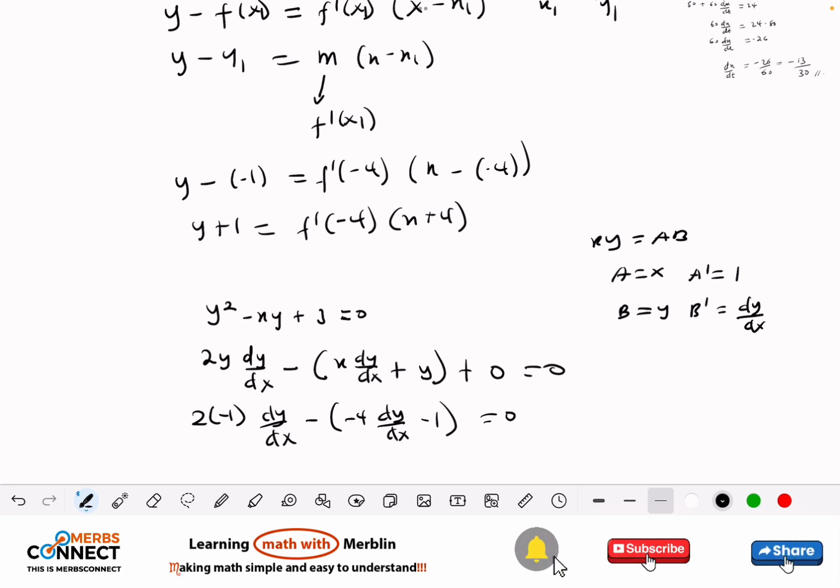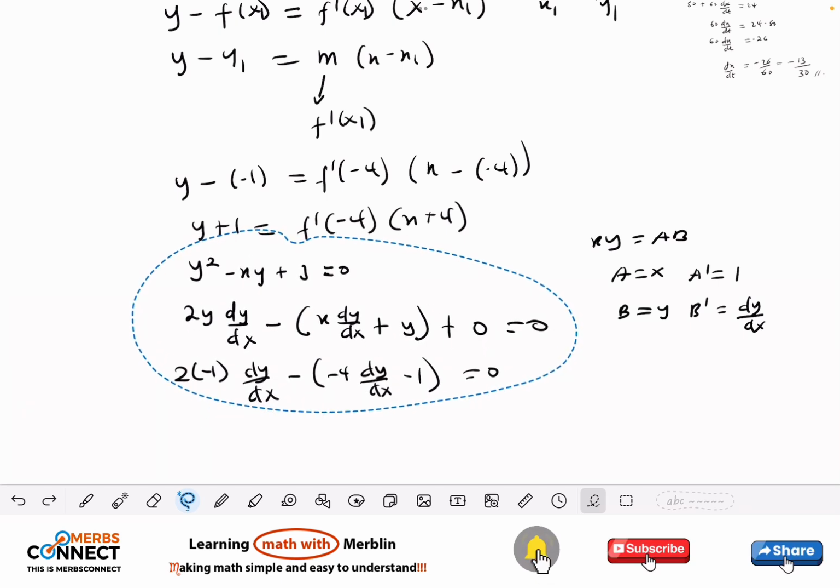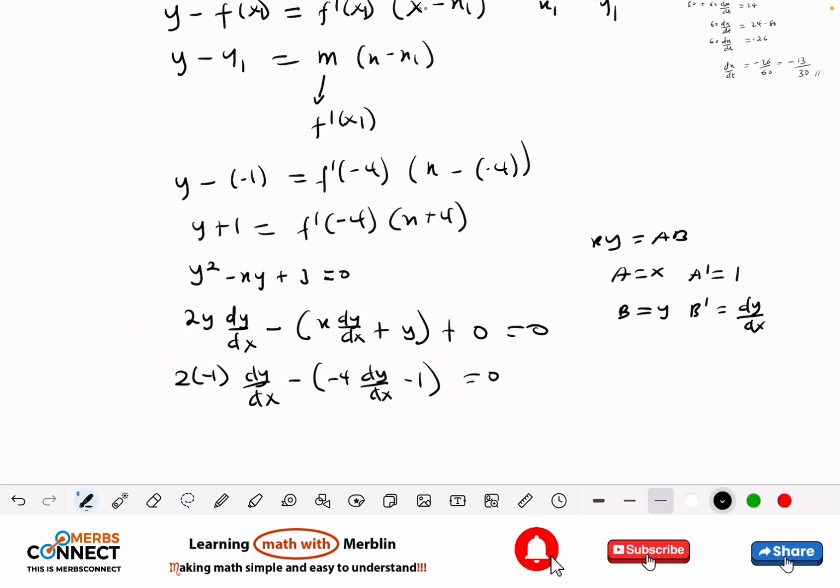So when I simplify, this one will be 2 dy over dx minus 2 dy over dx minus, so I'll multiply minus, so this one will be plus 4, minus minus positive, plus 4 dy over dx. And when I multiply the minus 2, I have plus 1 is equal to 0.